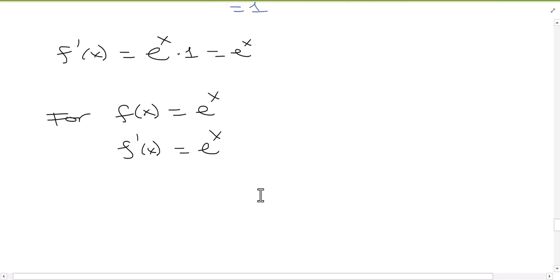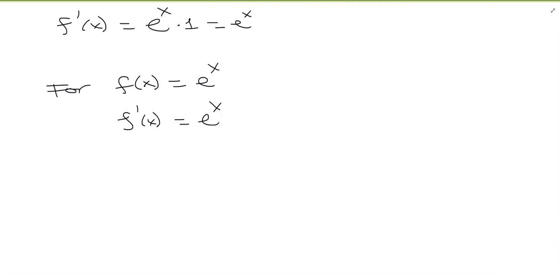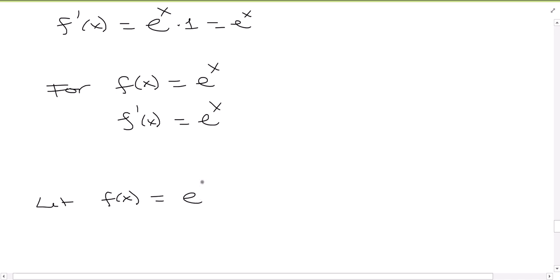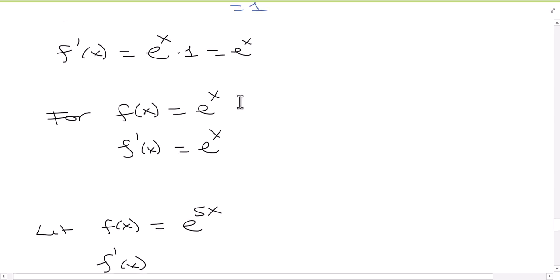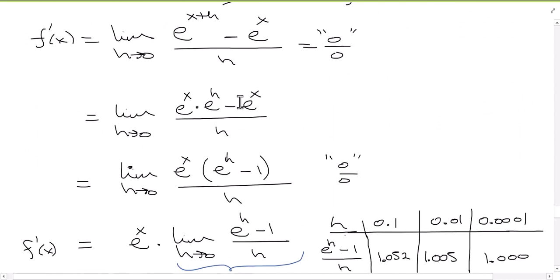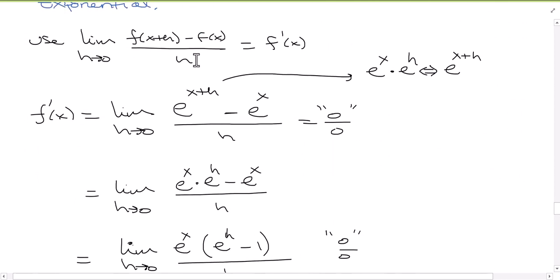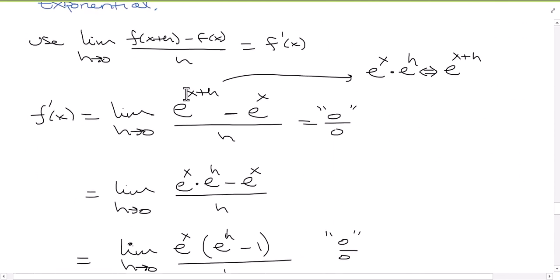So what about something like, what was our next one that we had? Let f of x be, say, e to the 5x. Then what's the derivative of this? I can do the exact same work, but instead of e to the x, I'm going to have e to the 5 times x plus h.